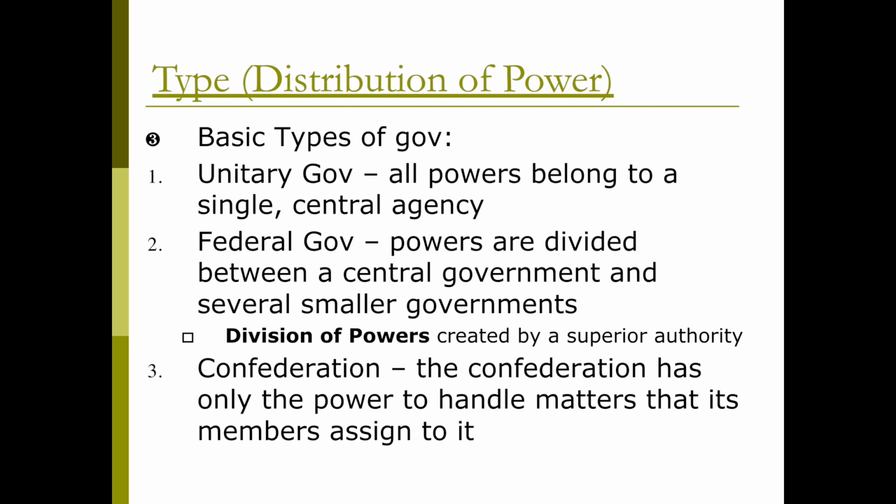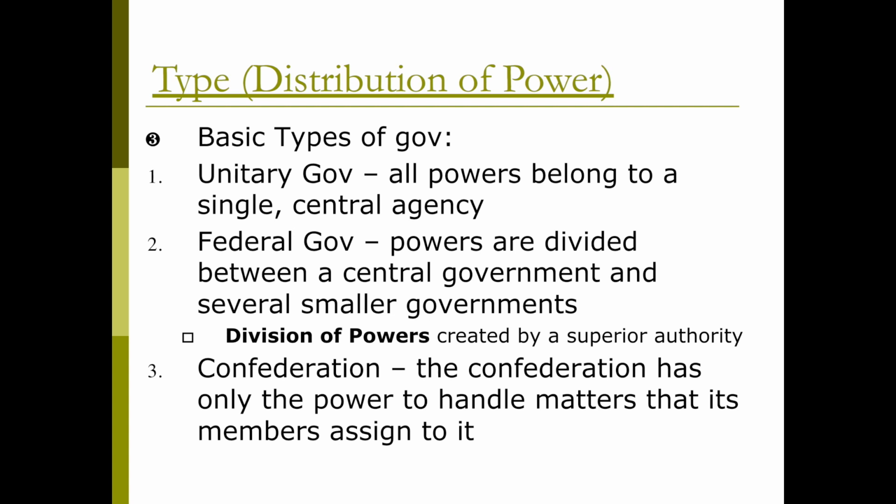And then lastly, for basic types, is confederation. The confederation has only the power to handle matters that its members assign to it. So in a confederation, if you think about the division between the North and the South going into the Civil War, the Confederacy was just that. It was a loose collection of states.